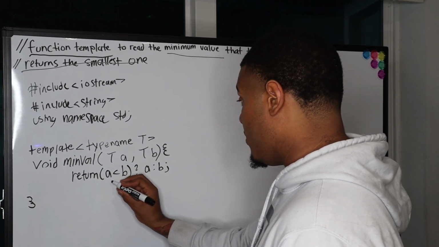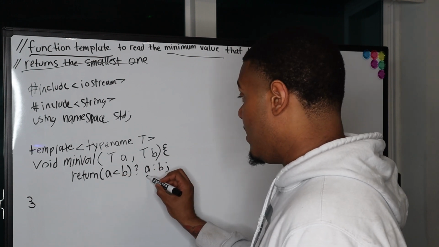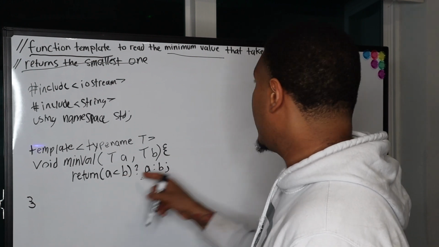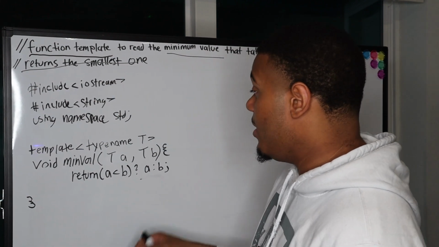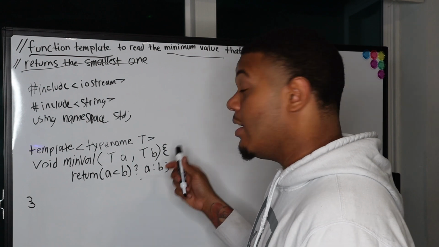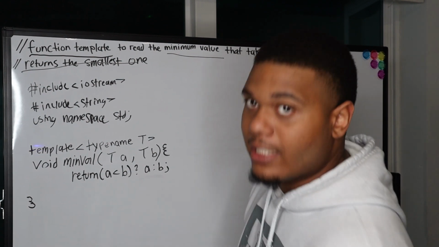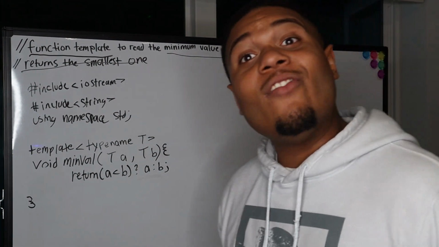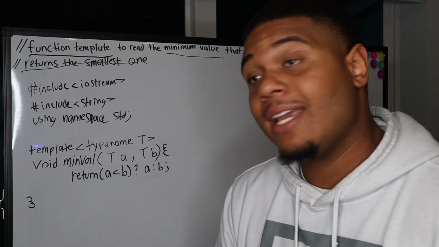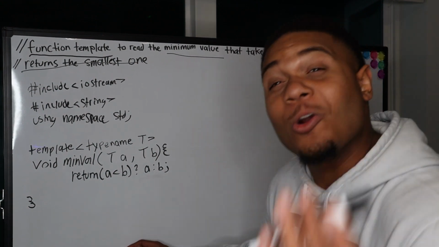So if a is less than b, it has to be a lower or a higher number. And you see here, we want to return the smallest one. So we're going to take the smallest one and put it in a if a is the smallest value, and b if it's the highest value, or flip it. You know what I'm saying? That's how we do it. That's how I taught you. Now let's implement it inside the main so we can get you a running program.